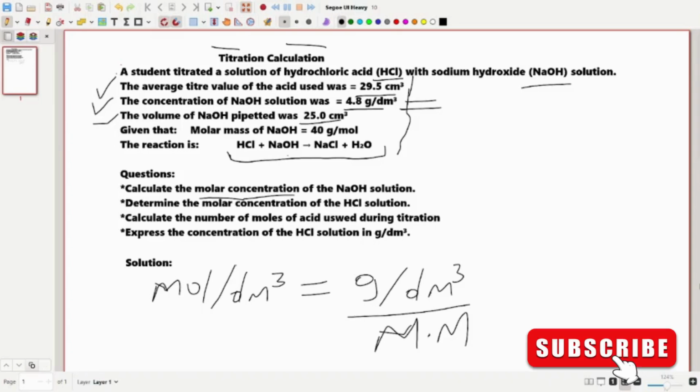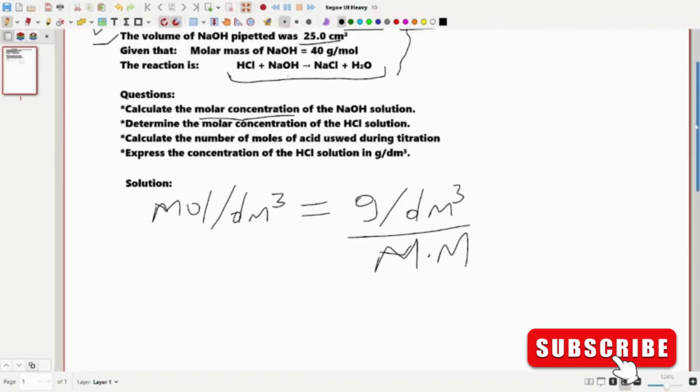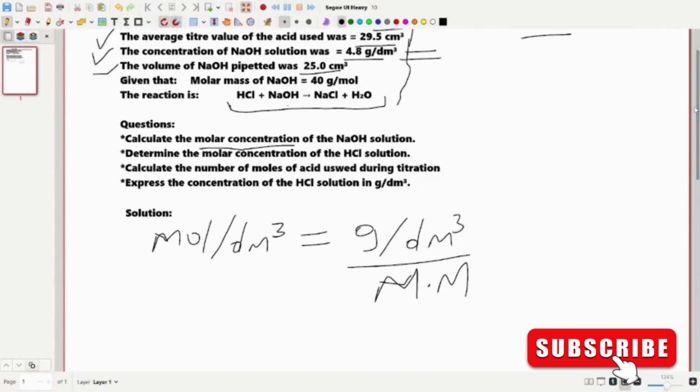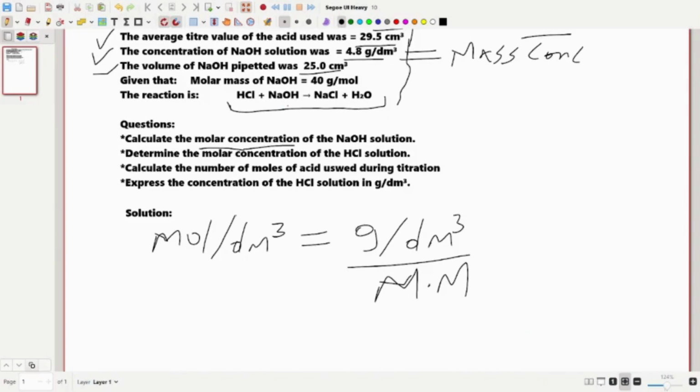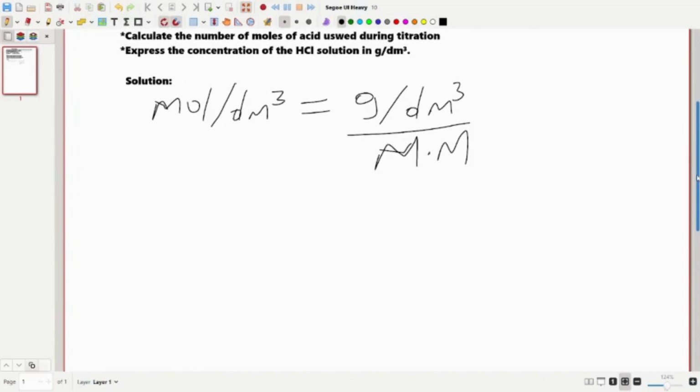So this expression helps us to convert the mass concentration that we've been given here to the molar concentration required in the question.